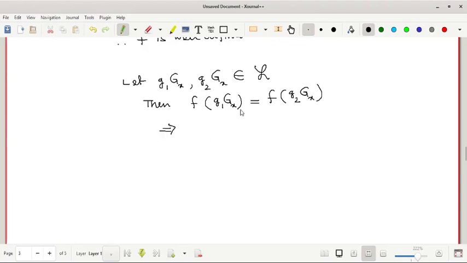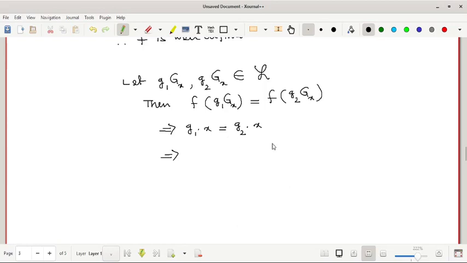What is the definition? f of g1 Gx is g1 dot x, that is equal to g2 dot x. My intention is to prove that g1 Gx and g2 Gx are the same.